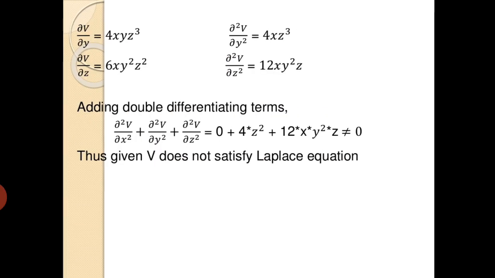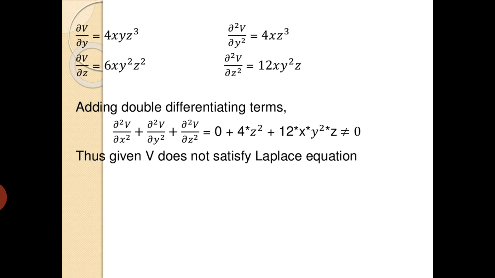The first differentiation, dou V by dou y, is 4xyz cube, and differentiating again, dou square V by dou y square is 4xz cube. Similarly for z, dou V by dou z is 6xy square z square, and differentiating once more, dou square V by dou z square is equal to 12xy square z.